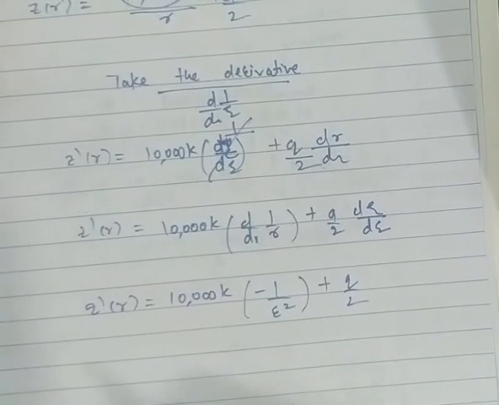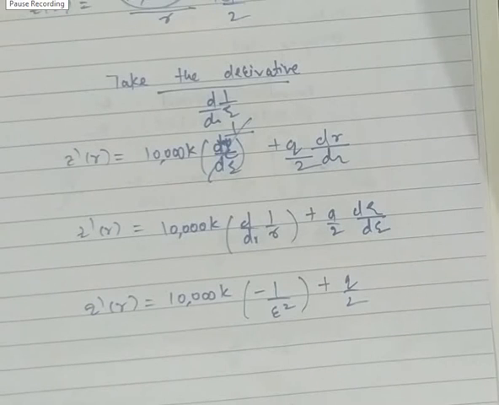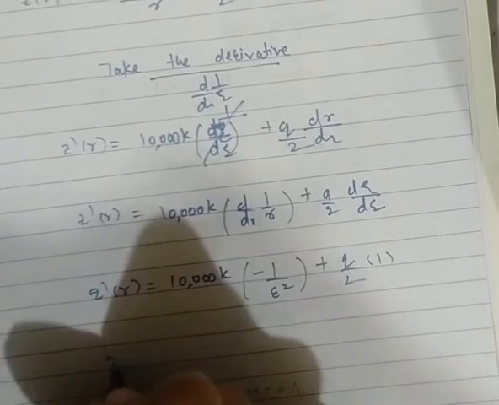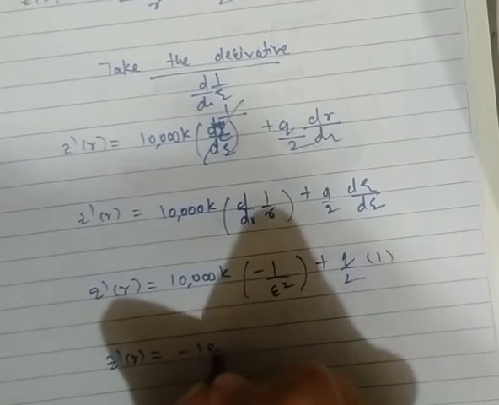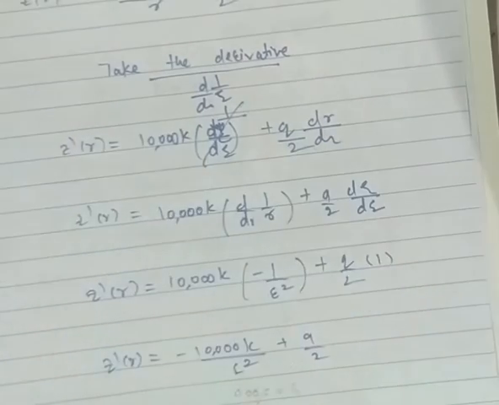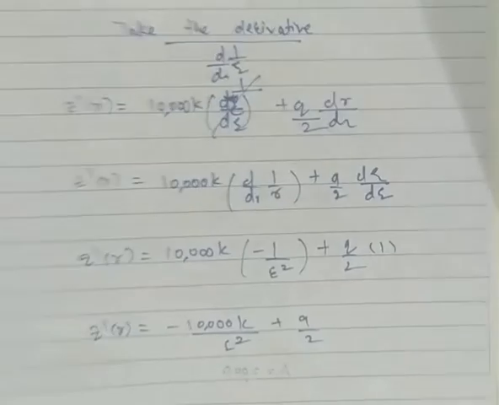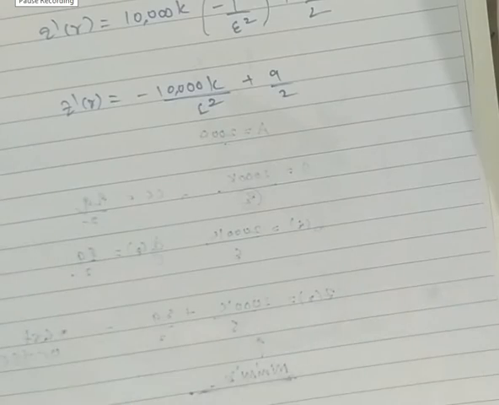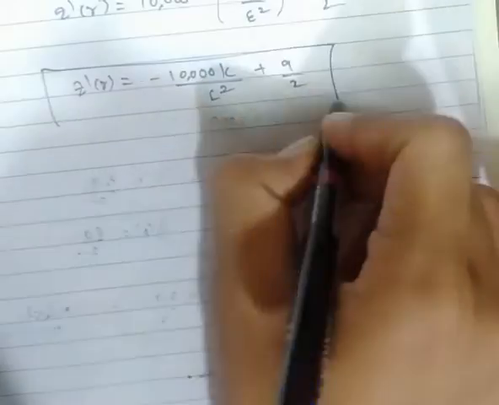Since this r is a simple linear function, its derivative is just going to be 1, constant slope 1, or the derivative of x with respect to x is 1. So we get z prime of r equals minus 10,000 k by r square plus q by 2. Now we have found the derivative.